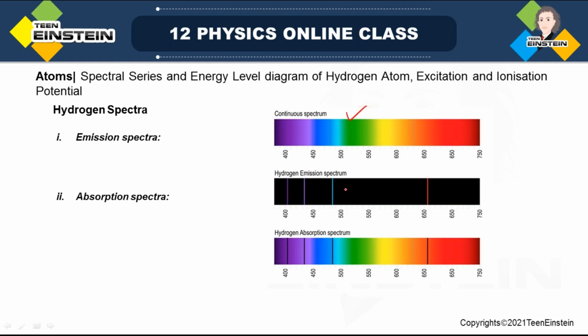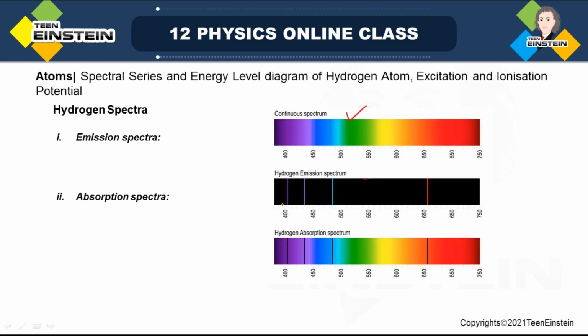This is called emission spectra. In the evacuated glass tube, if you apply a high potential, the electrons will be excited, and when de-excited, they emit radiations of various wavelengths.